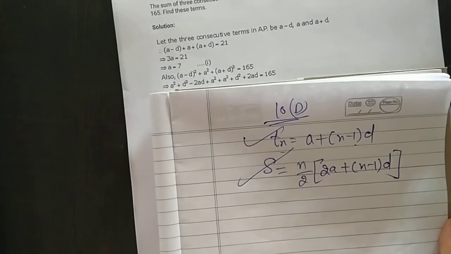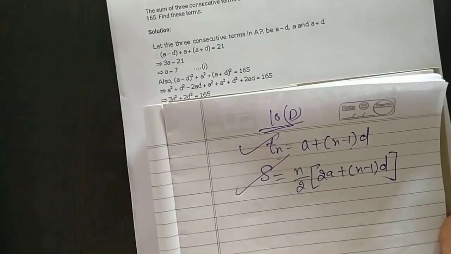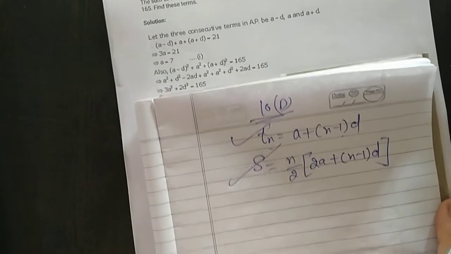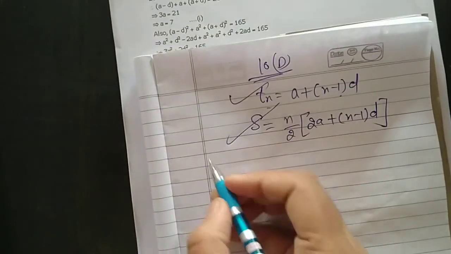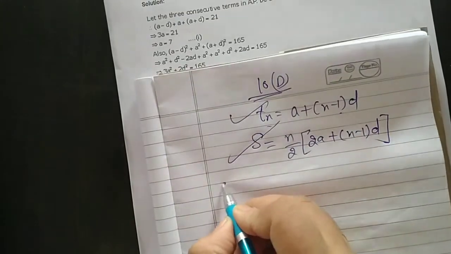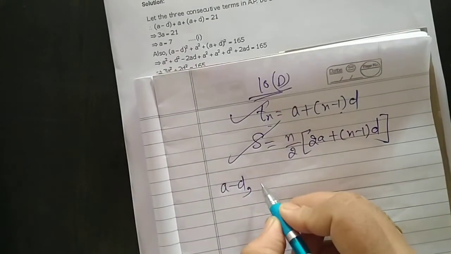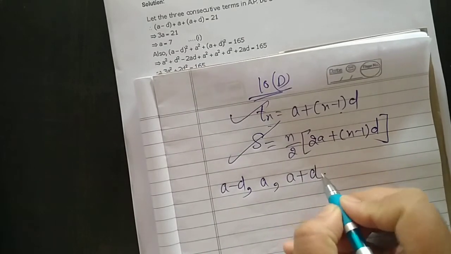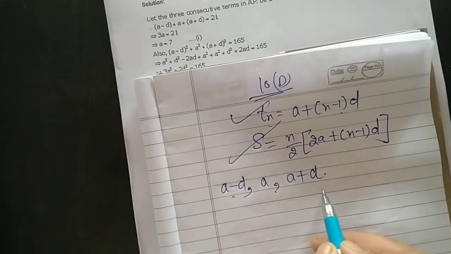So here is the question: the sum of three consecutive terms. Consecutive means continuously. So we will suppose the terms are a minus d, a, and a plus d. Always you have to suppose these three terms.